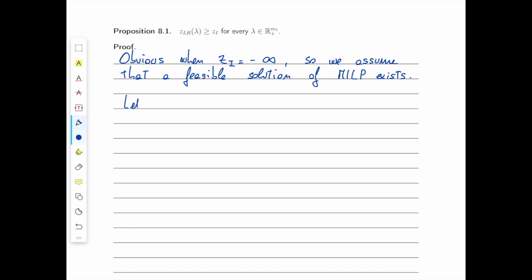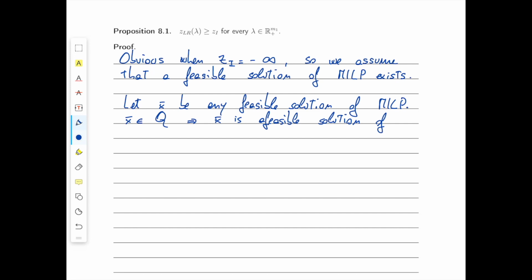So let x bar be any feasible solution of the mixed integer linear program. Well, so we know x bar is in Q. Since Q is a relaxation of the mixed integer linear set of the original problem, therefore x bar is a feasible solution of the Lagrangian relaxation with multiplier lambda.